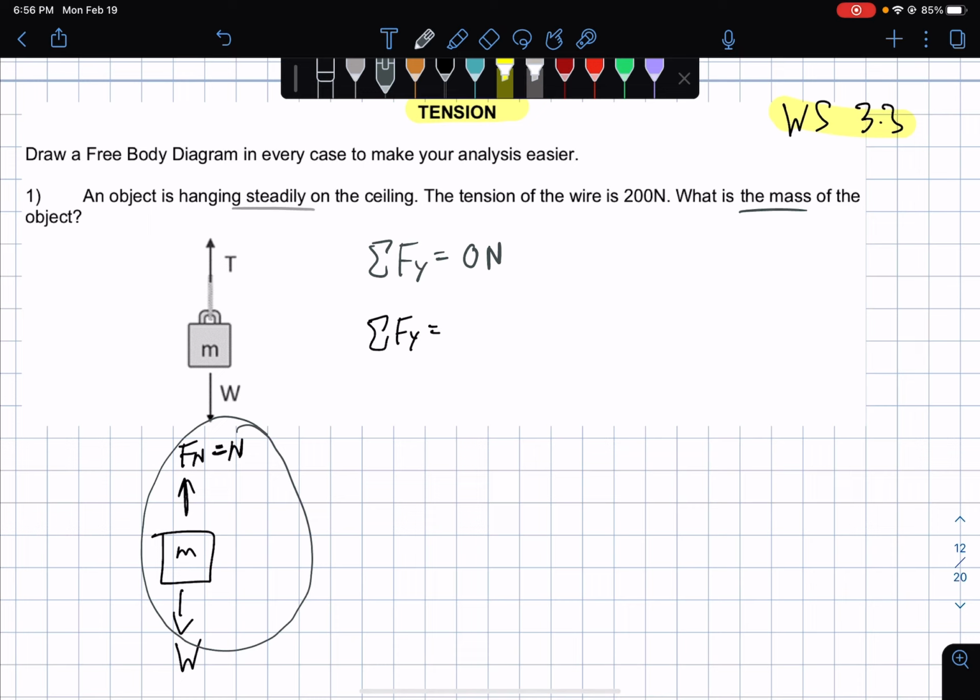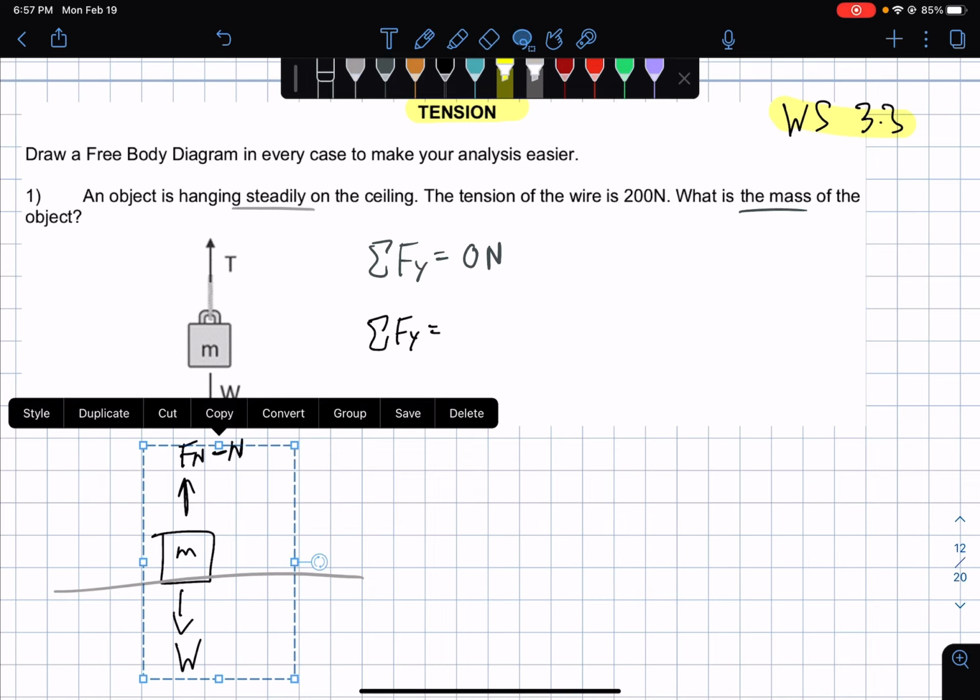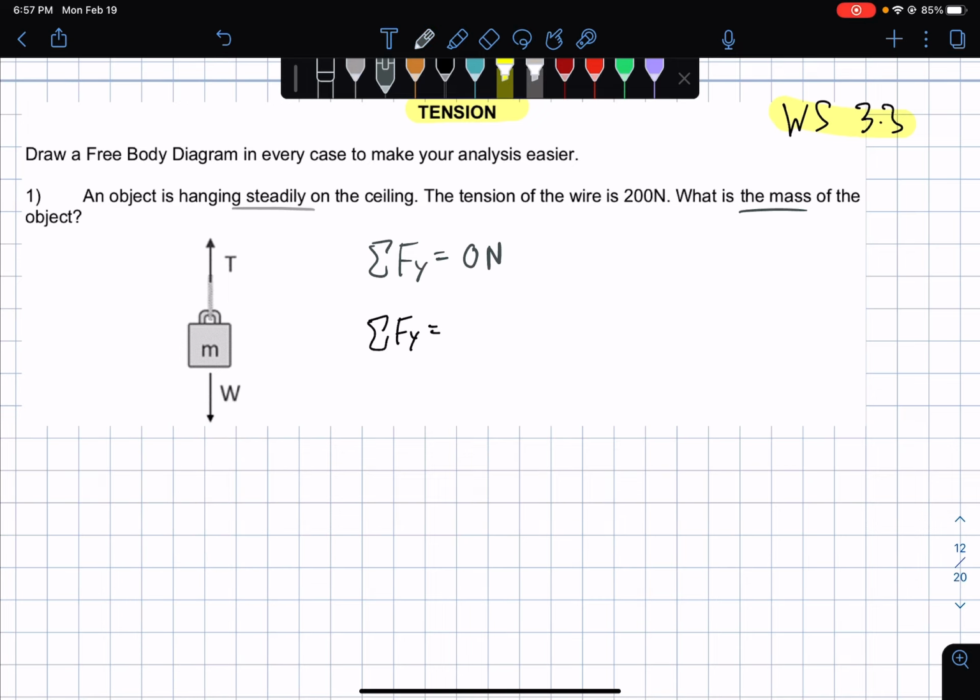Here, it is assumed that the object is on a surface and it's not suspended on anything from above. So it is still essentially the same. The only difference is that this is tension, the other is normal force.